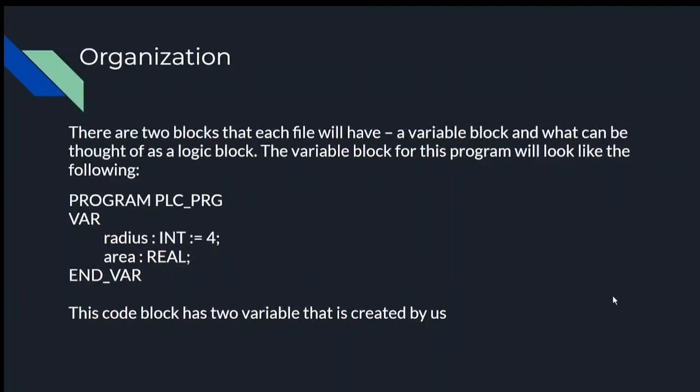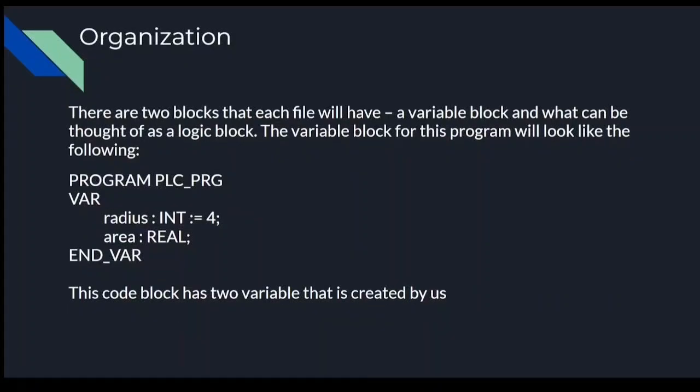Now let's look at how structured text is organized and how we can program it. There are two blocks: one is the variable block and the other is the logic block. What is the variable block? In the variable block we write variables. If we need to calculate the area of a circle, there are two variables, radius and area.